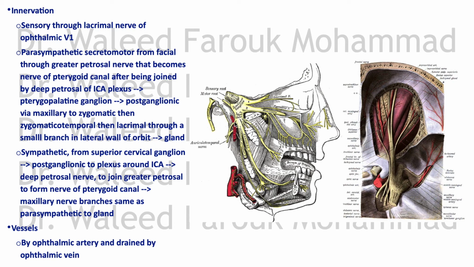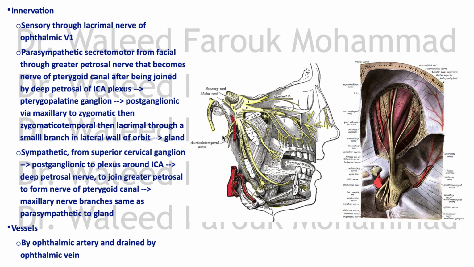You know the story of the greater petrosal, passes under the internal carotid artery and receives a branch, the deep petrosal, and goes through the pterygoid canal as the nerve of the pterygoid canal or Vidian nerve, and then to the pterygopalatine ganglion, which is the parasympathetic ganglion for the gland.